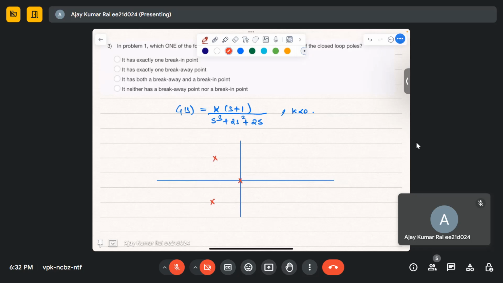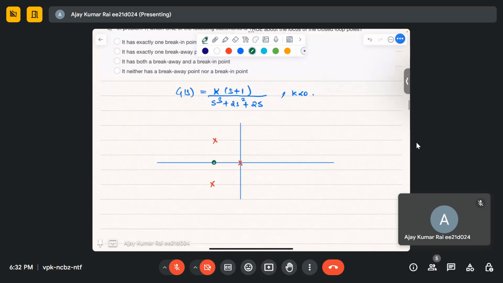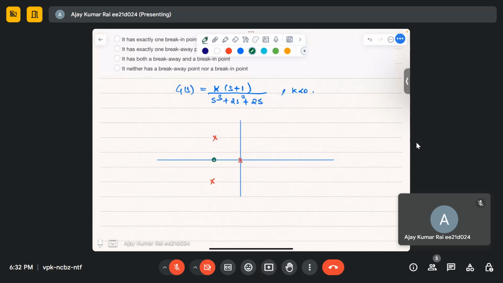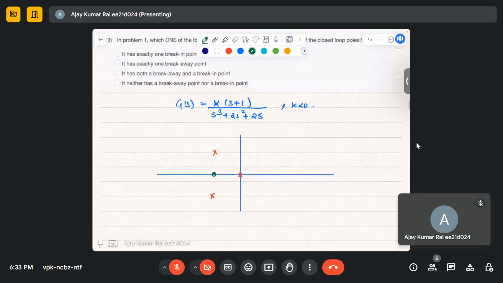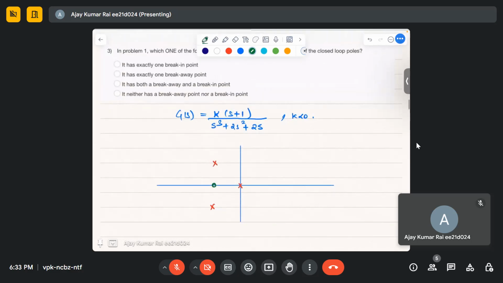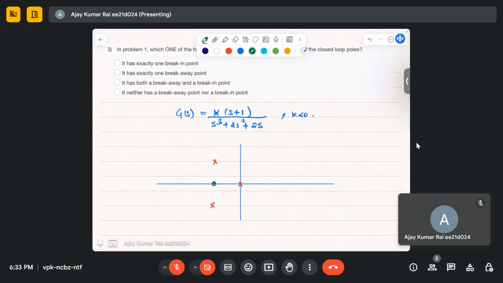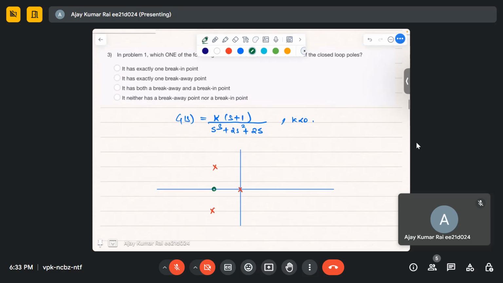These are the poles, and we have one zero. So break-in and breakaway points.